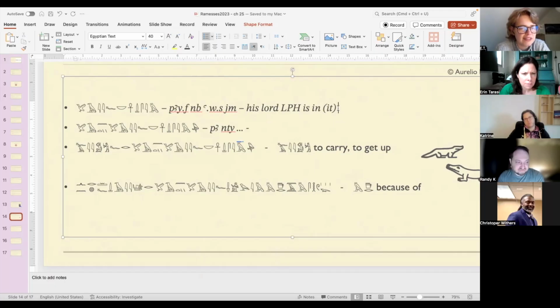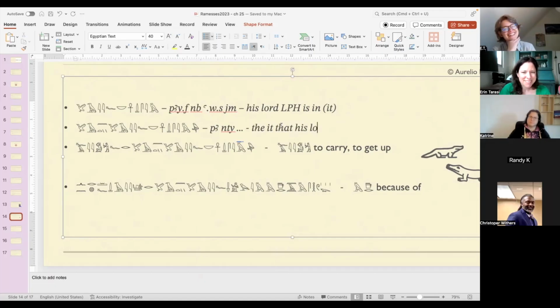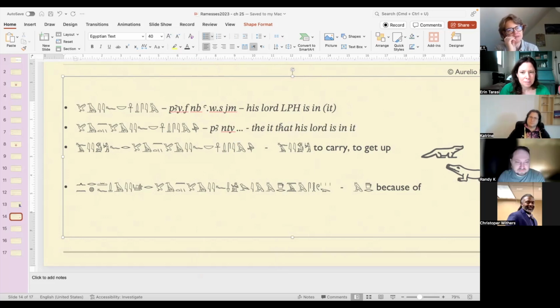So it that his Lord LPH is in. Exactly. So the it that his Lord is in it. How would you make that into more idiomatic English? The place that his Lord is, or is at, might be more idiomatic.